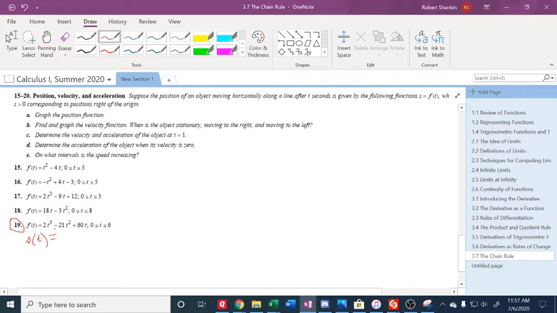And then I noticed that there's a t common to everything. And 2t squared minus 21t plus 60. Alright, so when t is 0, this thing is going to be 0.